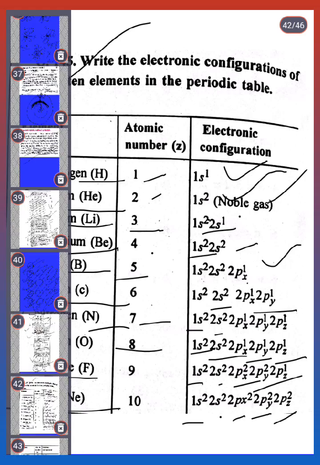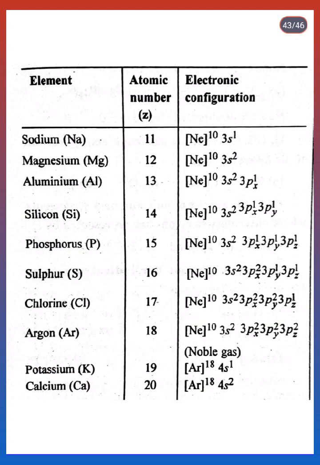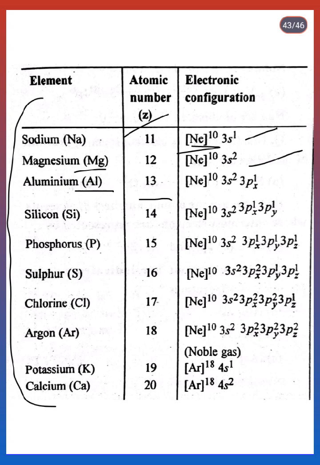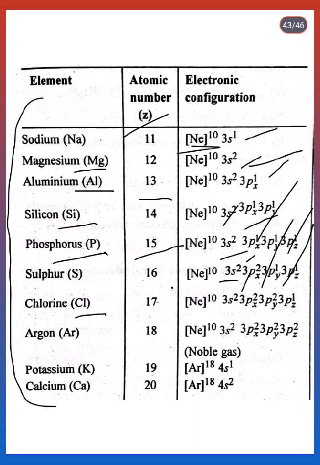Next you will do atomic numbers 11 to 20. First is sodium, 11, that is 3s1 on the neon noble gas configuration. Magnesium is 3s2, aluminium 13 is 3s2 3px1, silicon is 3s2 3px1 3py1, phosphorus 15 is 3s2 3px1 3py1 3pz1, sulphur is 3s2 3px2 3py1 3pz1, chlorine is 3s2 3px2 3py2 3pz1. Similarly next argon, also a noble gas, 3s2 3px2 3py2 3pz2.